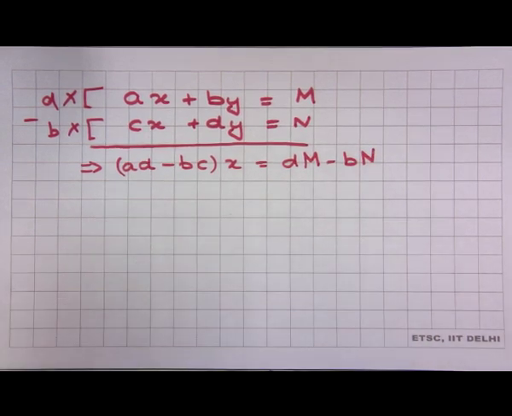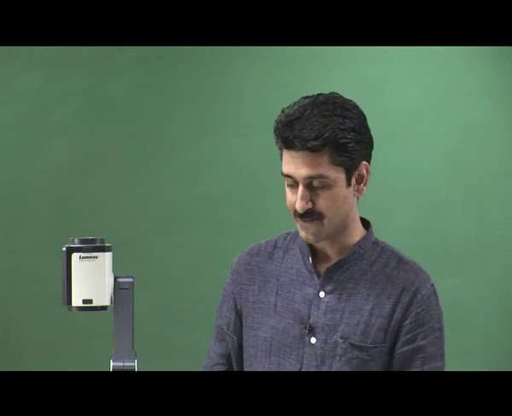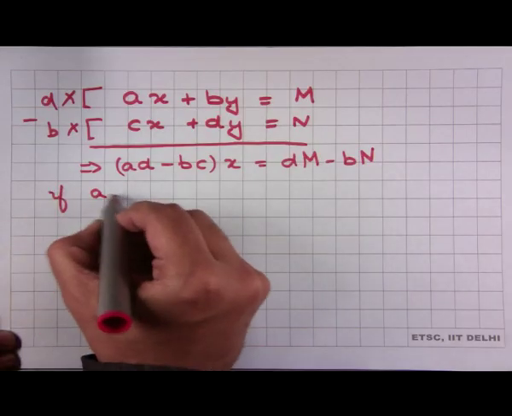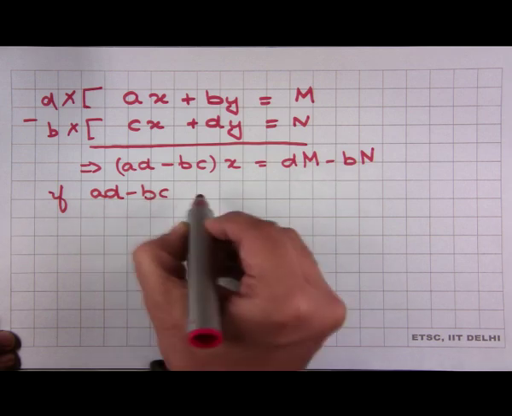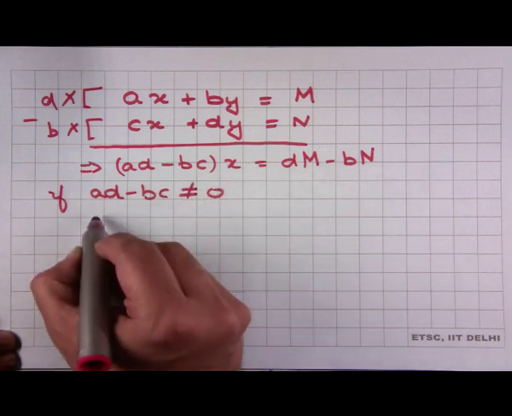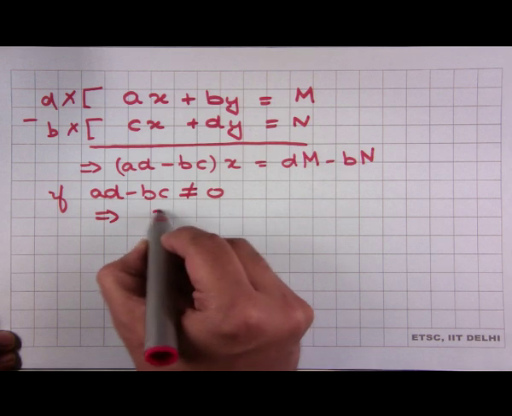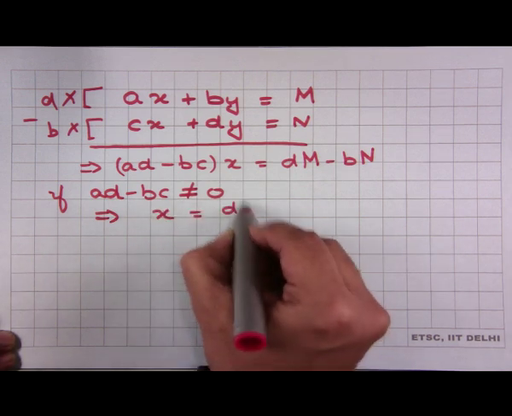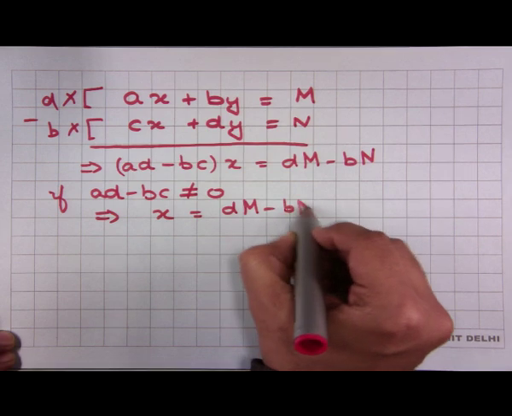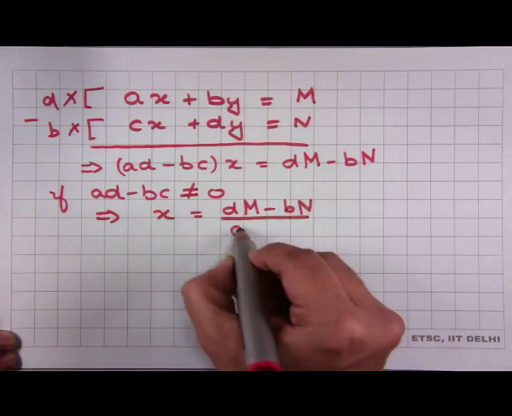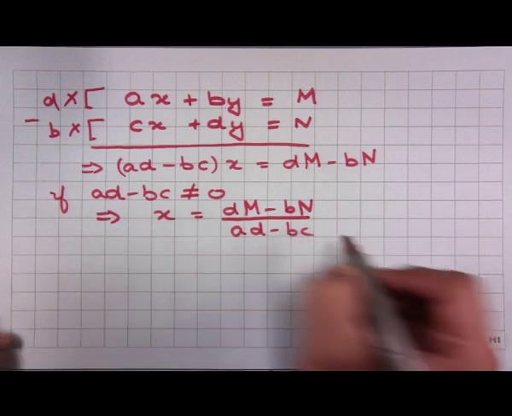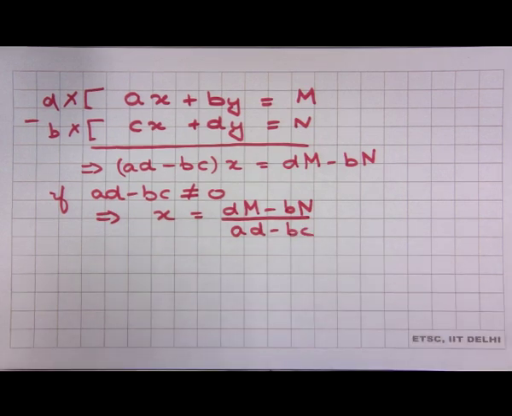And in case AD minus BC, that quantity is not 0, then we could divide both sides by that number. If AD minus BC is not equal to 0, then x is dm minus bn by AD minus BC. So, in a general setting, this is the solution for x.